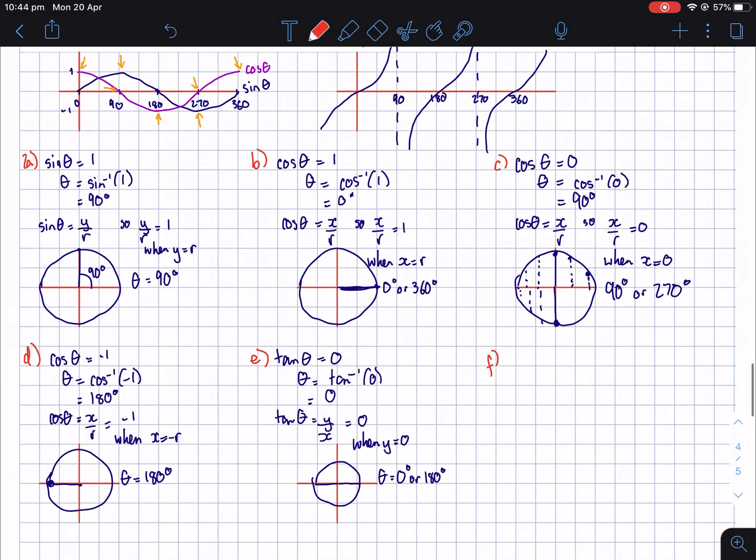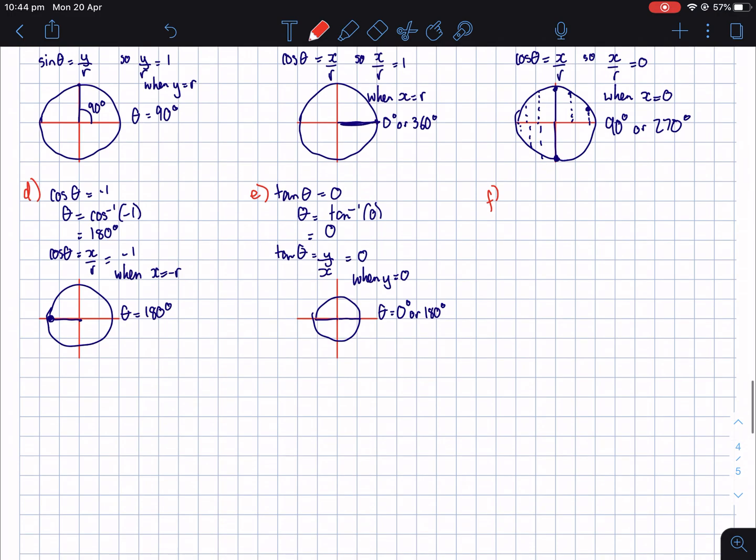Finally, F, they're saying sine theta equals -1. So theta equals arcsine -1. Chuck it in your calculator. Gives us -90, which is 270, yeah? Let's double check. So sine theta, which is y on r, equals -1, only happens when y equals minus r.